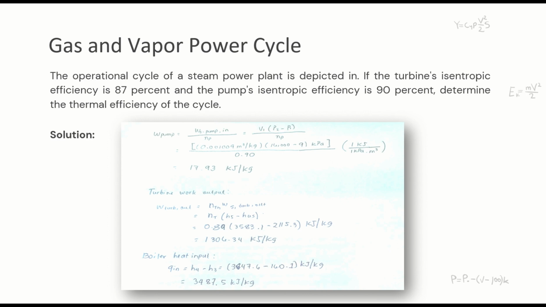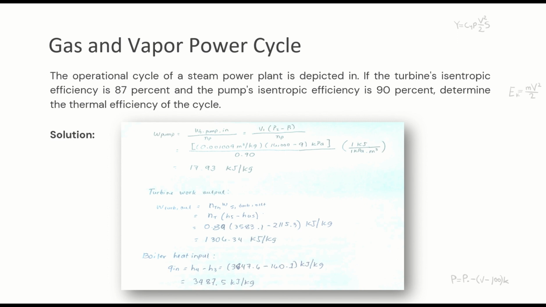The schematic of the power plant and the T-S diagram of the cycle are shown. The temperatures and pressures of steam at various points are also indicated on the figure. We note that the power plant involves steady flow components and operates on the Rankine cycle, but the imperfections at various components are accounted for. So let's solve for the thermal efficiency of the cycle.